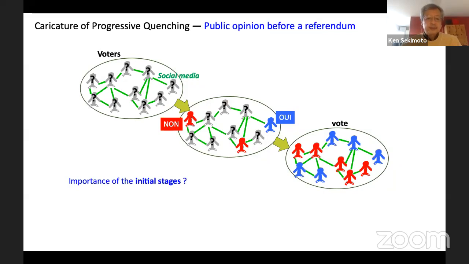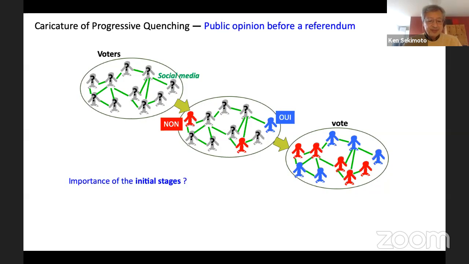Our model may be caricatured as an evolution of public opinion before a referendum or election. The voters are connected through social networks. Some of the voters in the community make up their mind very early, and they diffuse their opinion.